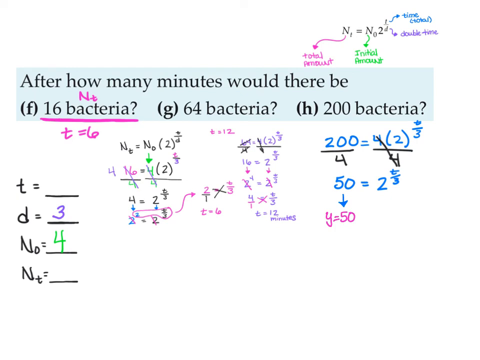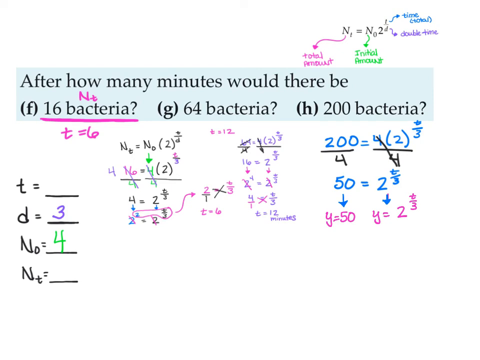And for 2 to the t divided by 3 power, you're going to do the same thing, and on another line, you're going to put y equals 2 to the t divided by 3 power. And you're going to look at where those 2 lines intersect on the graph, and that will give you your value for t.